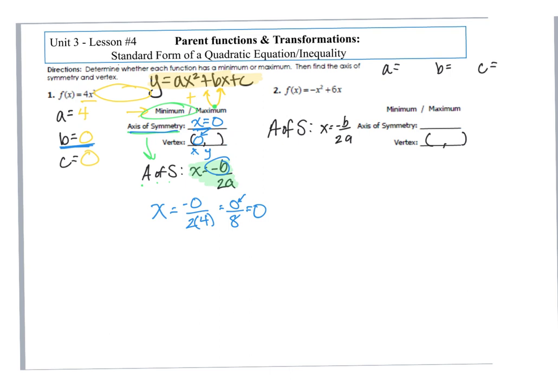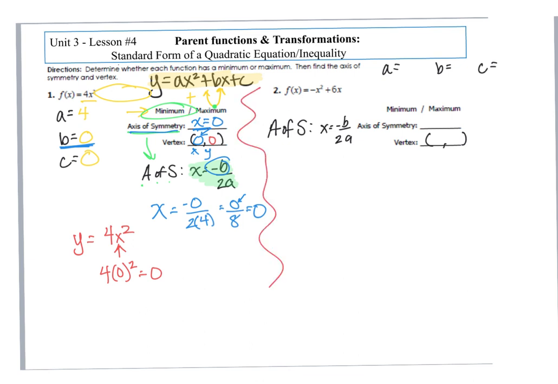So now we just need the y value of our vertex, which is found by plugging 0 in for x in the equation. So we're going to say y is equal to 4x squared, right? So now we're replacing that x with the 0. 4 times 0 squared equals 0. So when x is 0, y is 0. Our vertex is at 0, 0.